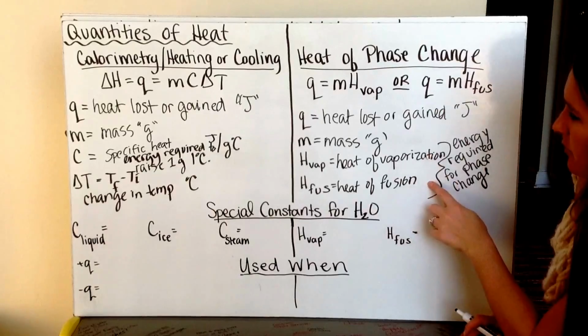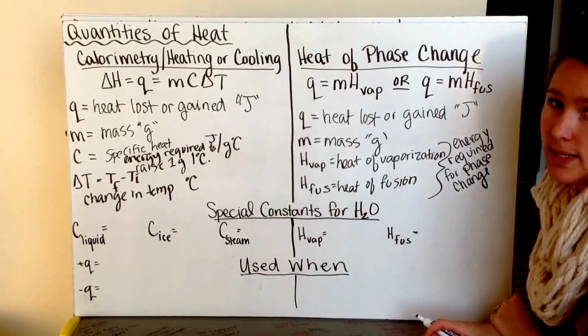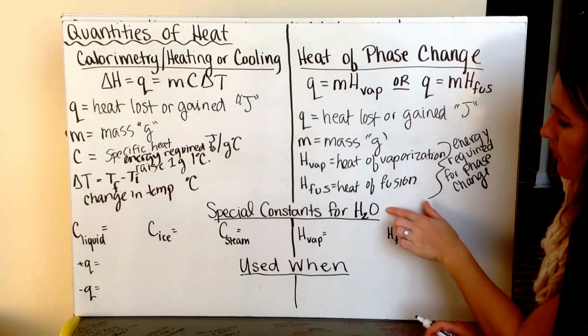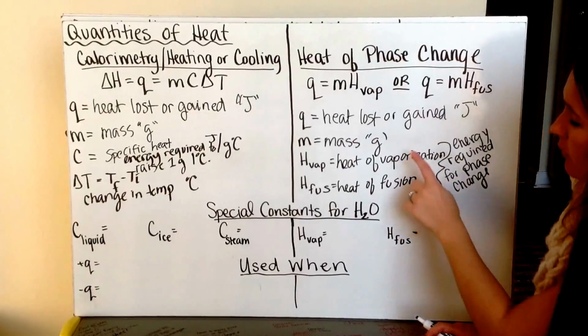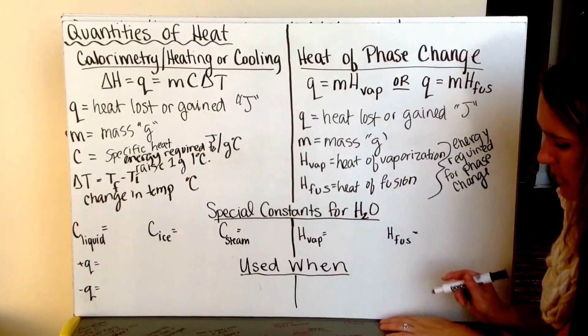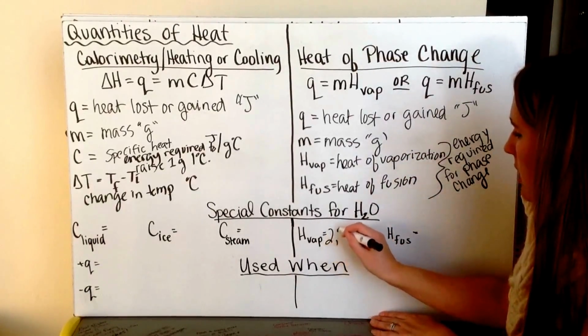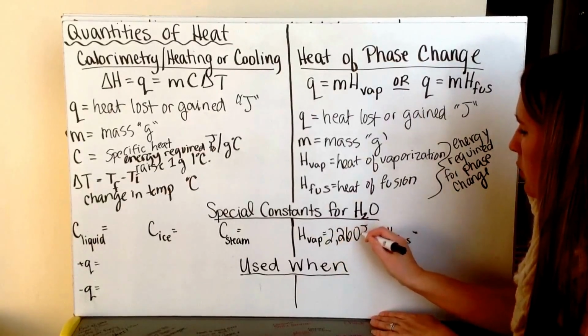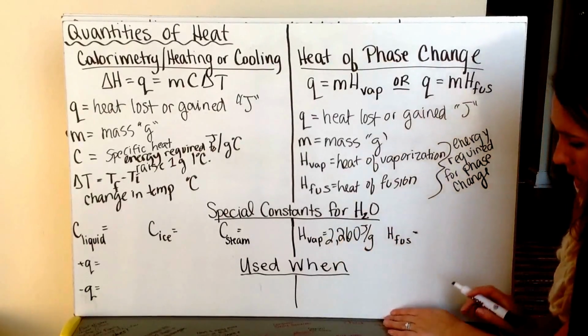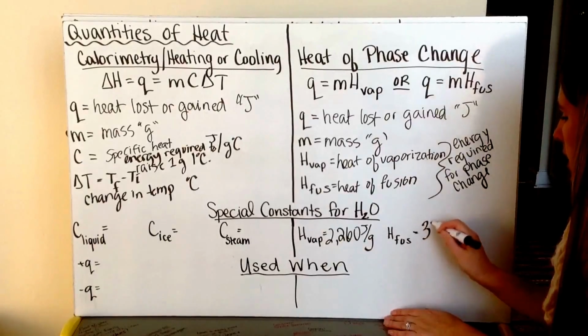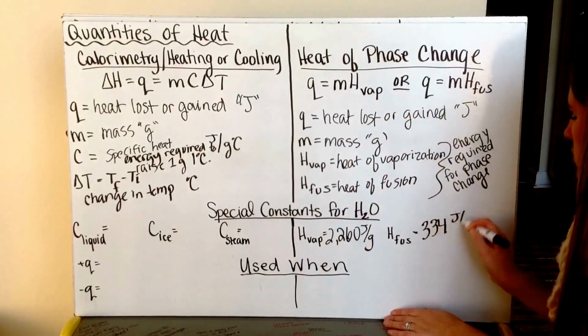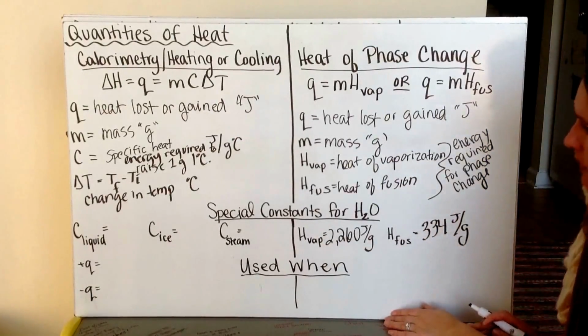These are going to be different depending on what item we use, but we're going to focus on water. For water, your heat of vaporization is 2,260 joules per gram, and the heat of fusion is 334 joules per gram.